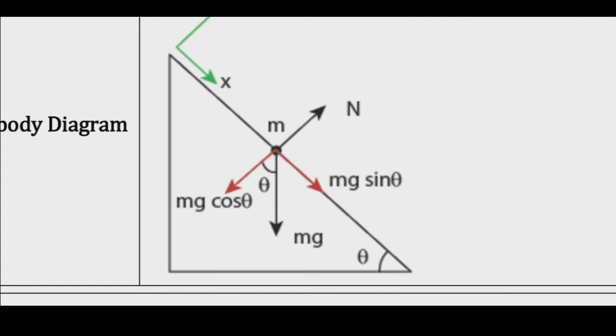Since the motion is on the inclined surface, we have to choose the coordinate system parallel to the inclined surface. The gravitational force mg is resolved into a parallel component mg sin theta along the inclined plane and a perpendicular component mg cos theta perpendicular to the inclined surface.